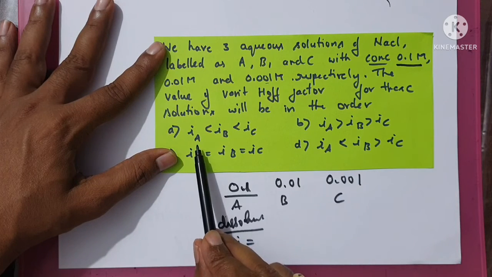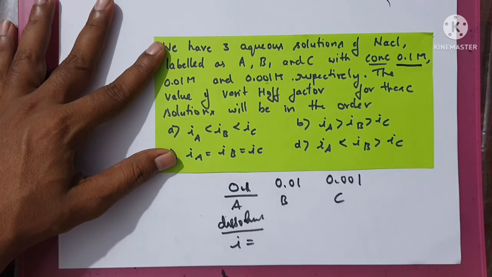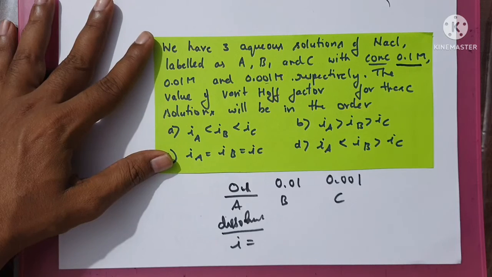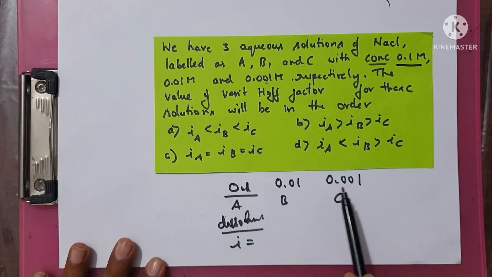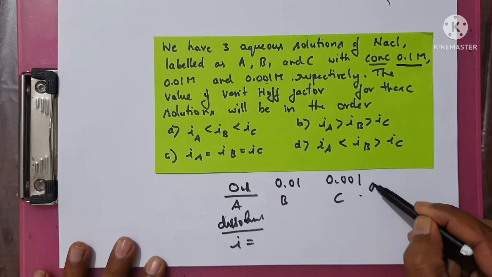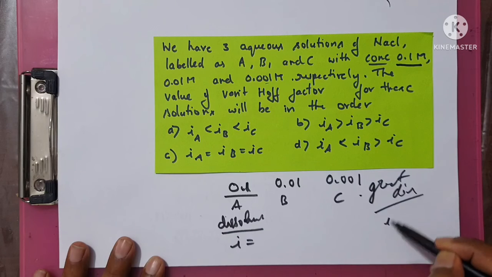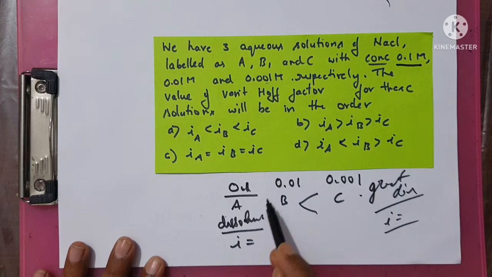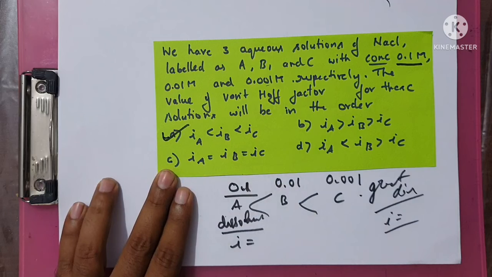If you write in order of greater value, the one which has the lowest concentration is 0.001. Lower the concentration, greater is the dissociation, and greater the dissociation, greater will be the i value. So this comes first and then comes A. Therefore, option A is the correct answer.